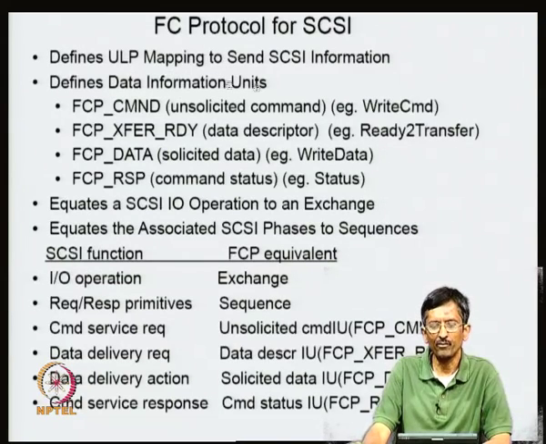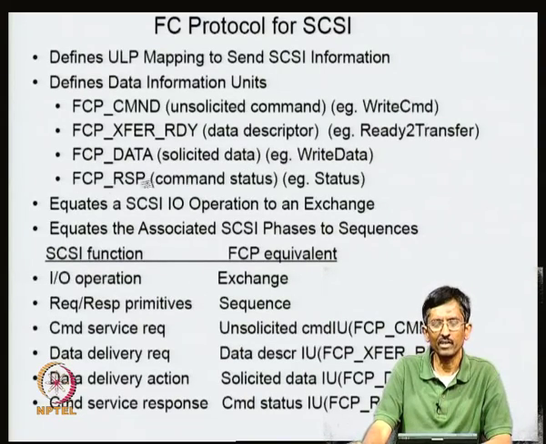For example, there is a one-to-one correspondence: the write command becomes an FCP command. It's an unsolicited command because it is the beginning part, so it comes out of the blue in some sense. Then there is something called FCP transfer ready, which basically means the target is saying I'm ready to accept the data. Once that happens, the initiator sends the data by encapsulating it in an FCP data protocol unit.